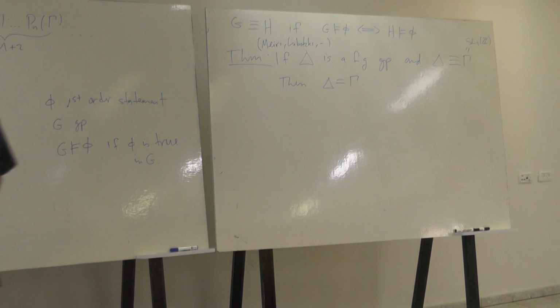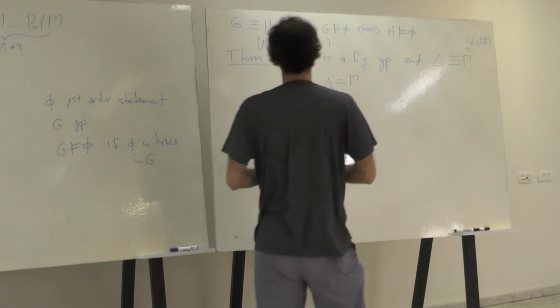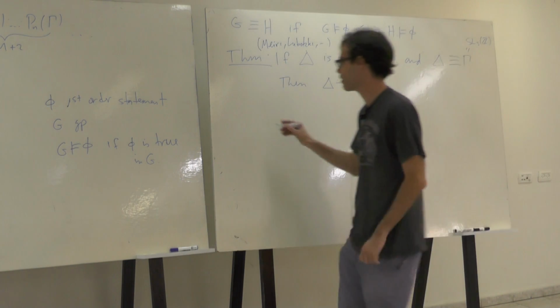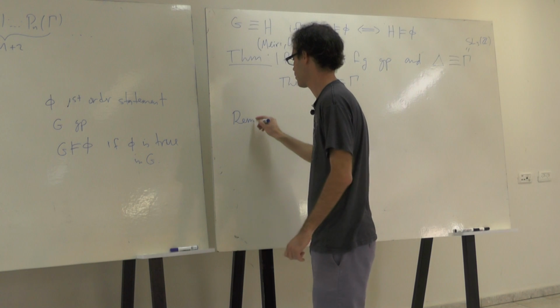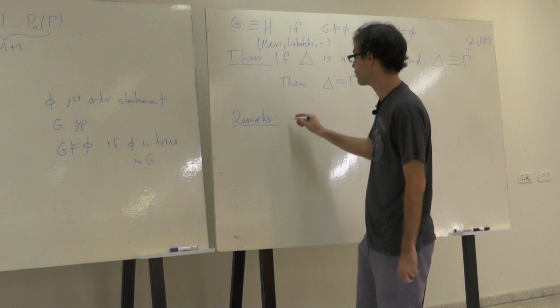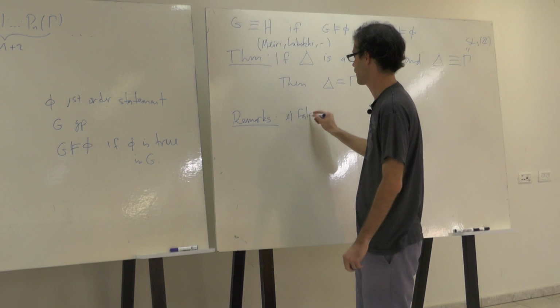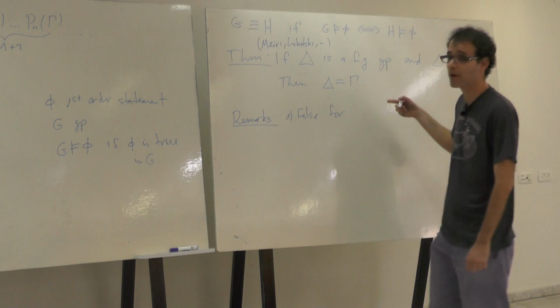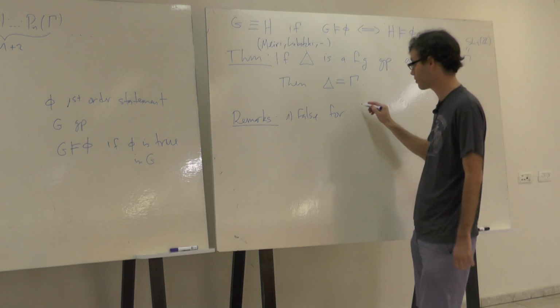Okay. So let's prove it. This is what I want to say. I'll start with a few remarks. First of all, this theorem is false if I replace gamma by, let's say, a free group.